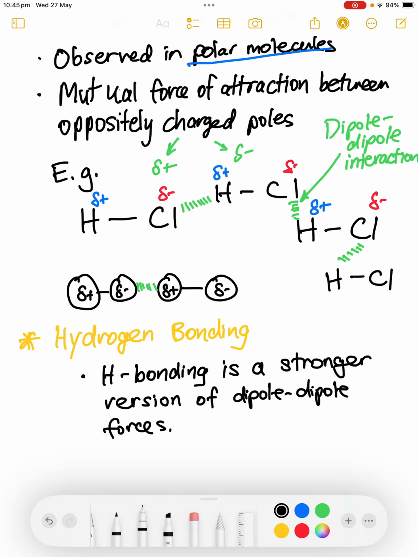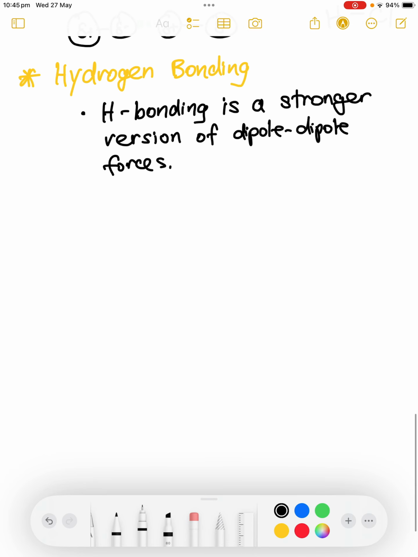All right. Now, with hydrogen bonding, we'll just go a bit further down. Hydrogen bonding occurs when hydrogen is bonded to any of the three most electronegative elements. So I'm just going to make a note here.